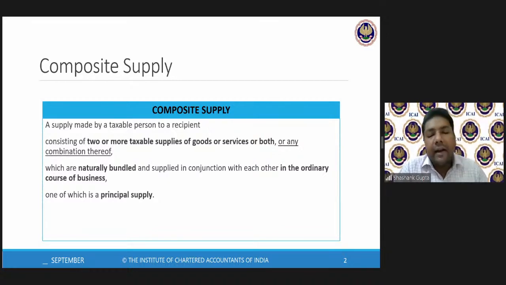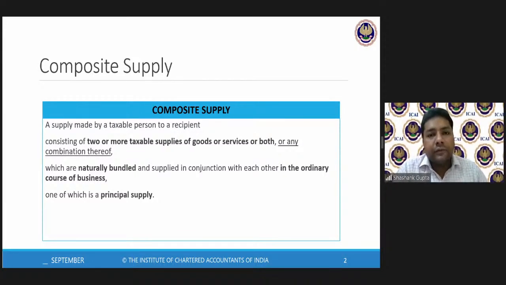And we've also read that supply would include supply by an unincorporated association or association of persons or body of individuals to its members. So even that transaction has been specifically covered under Schedule 2 of GST.